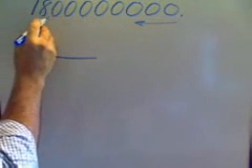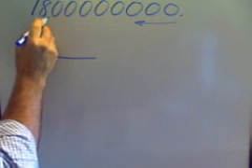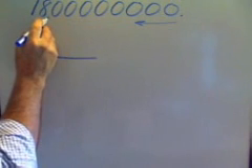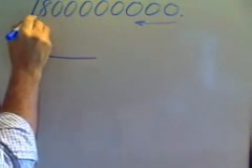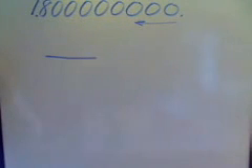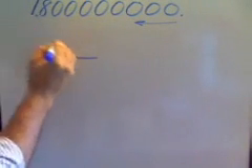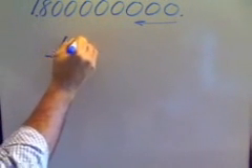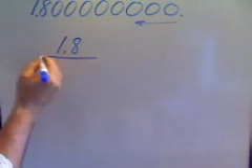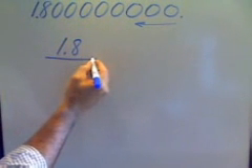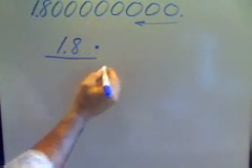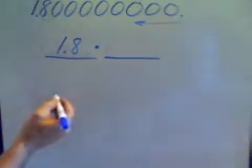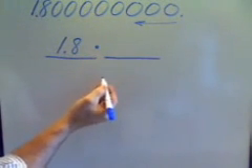Well, that would give us 18. And 18 is greater than or equal to 1, but it's not less than 10, is it? So it can't go there. Obviously, the only place it could go would be right between the 1 and the 8. That would create the decimal number 1.8. And that's going to be our first factor in scientific notation. Then comes a multiplication symbol. Remember what our second factor is? It's a power of 10.